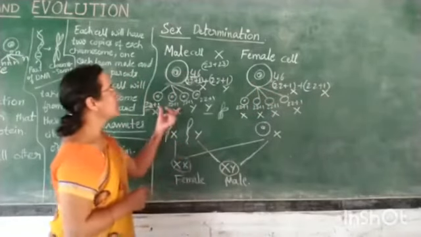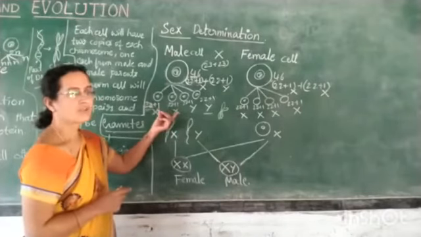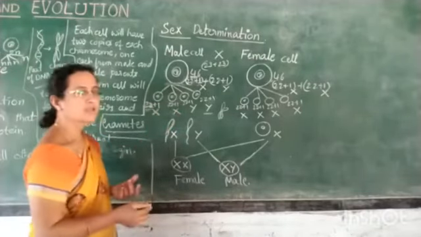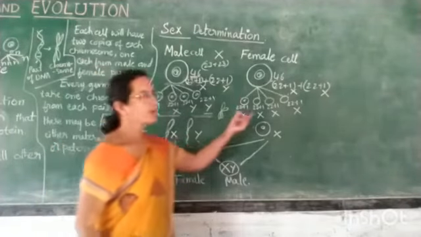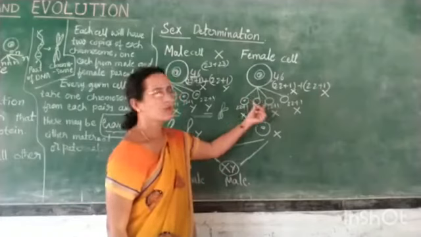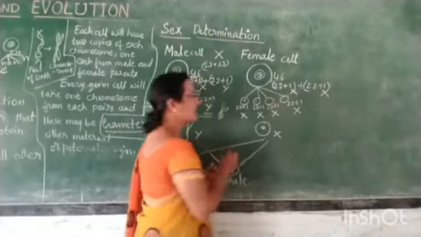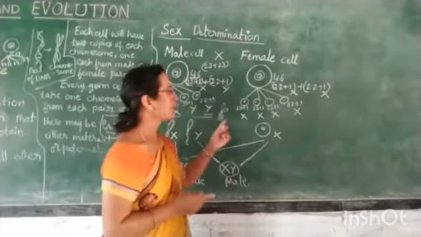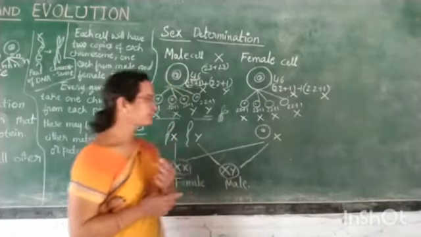The male reproductive cell gives rise to sperms, which may have the X chromosome or the Y chromosome. The female reproductive cell gives rise to the ovules or eggs, where the egg has only one type of chromosome, so all have the X chromosome.